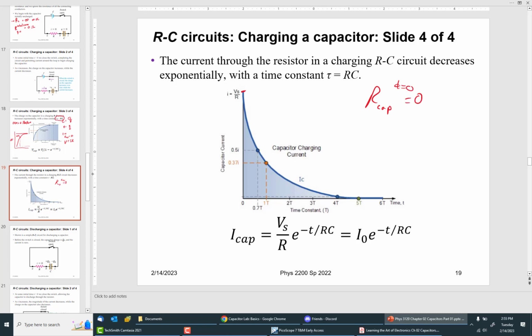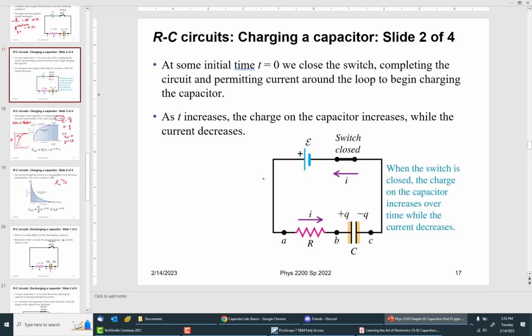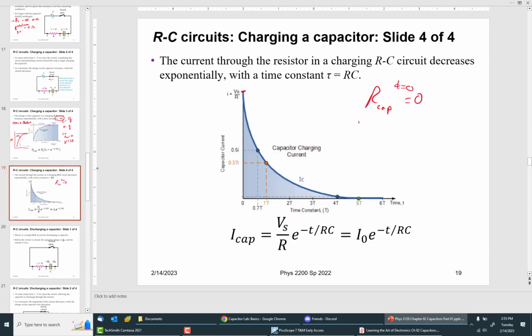So this one here, they use V of S. Our original was the EMF symbol. So V of S is the supply. So the current, the instantaneous, well actually, they put a little I here, but this is I sub 0 generally called the start current.